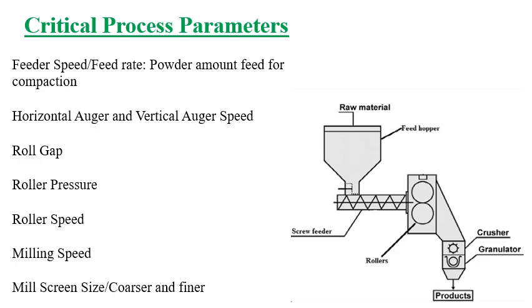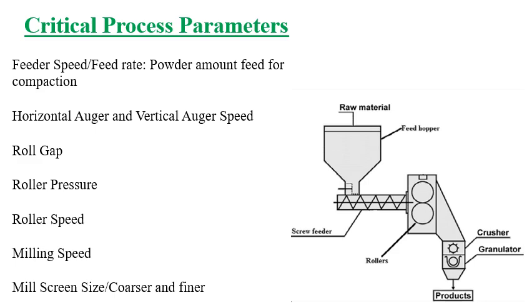If you put in less powder, then the ribbon will not be formed, and if you put in more powder, then the roller gap and roller pressure will not be uniform, and you cannot adjust the parameters for roller speed, roller gap and mill speed with too much feed powder.